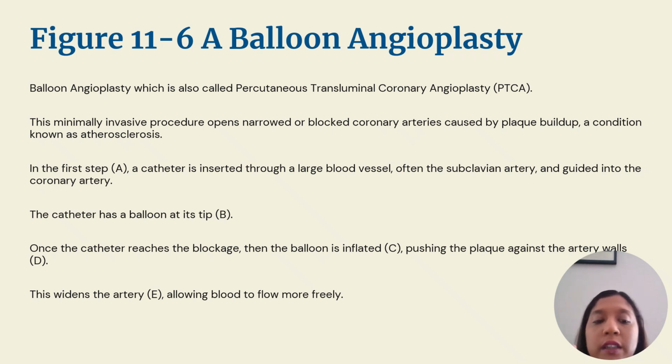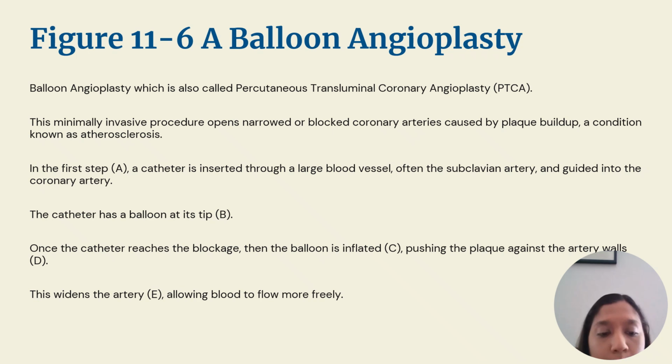In the first step, in the picture that is labeled as A, a catheter is inserted through a large blood vessel, often the subclavian artery, and guided into the coronary artery. The catheter has a balloon at the tip, which is shown on the B of that figure.